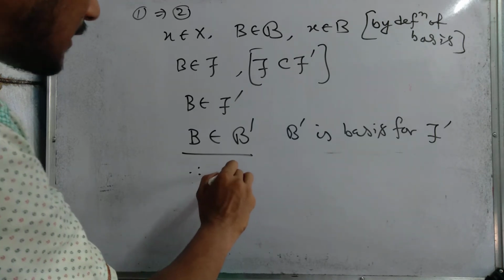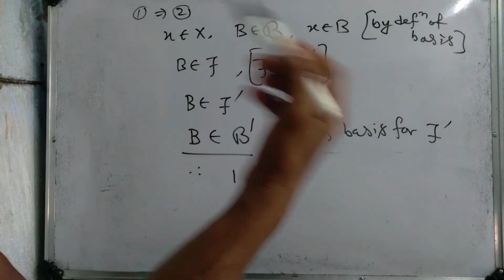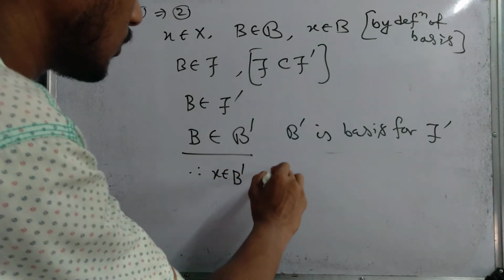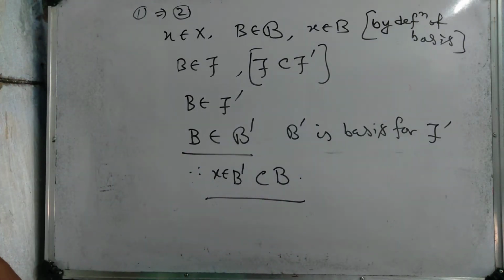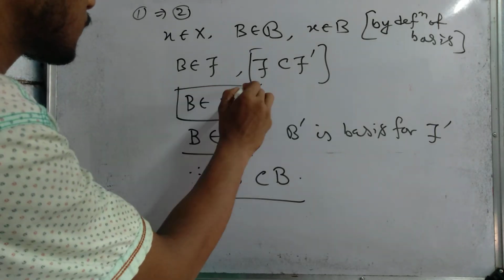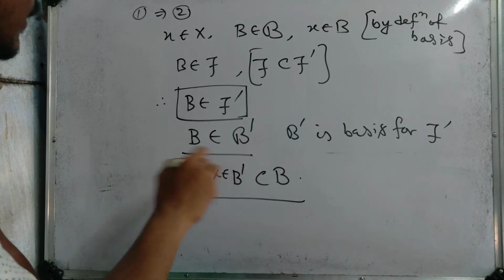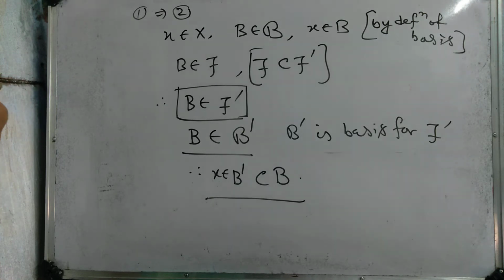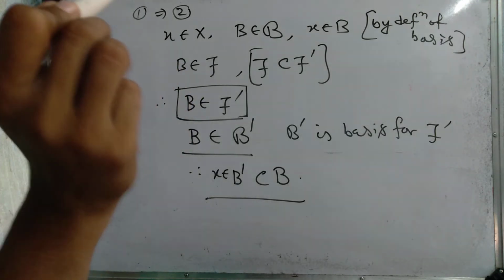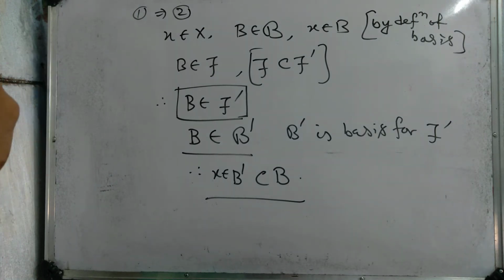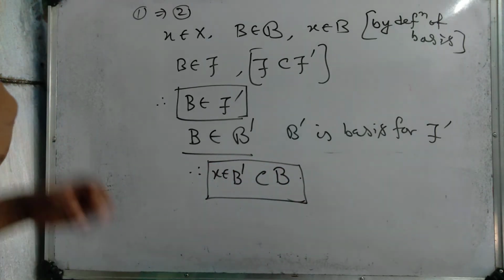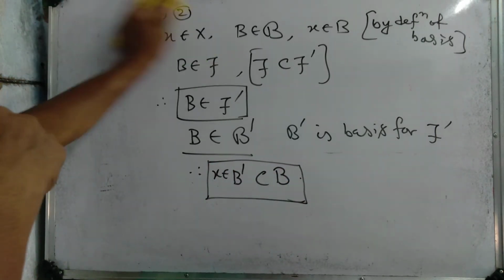Then we find some beta dash, x belongs to beta dash, a subset of b, since tau dash is generated by script b dash. So we find this is the second condition of the lemma. That means we have proved this lemma.